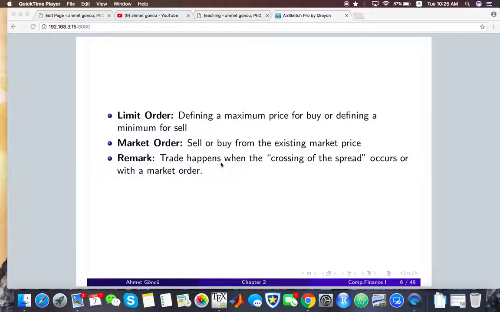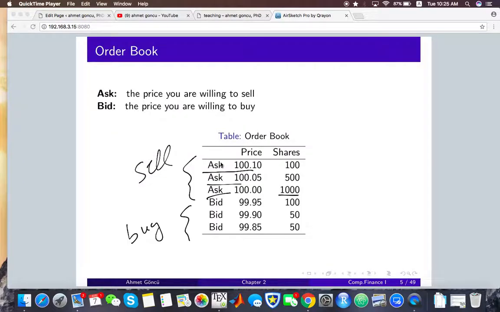Keeping this order book in mind, there are different types of orders that you can execute when trading stocks or commodities and so on. One of them is the limit order. If I go back to my order book and enter a limit order to sell 200 shares from 100, this is going to add to the level and it will be 1,200.